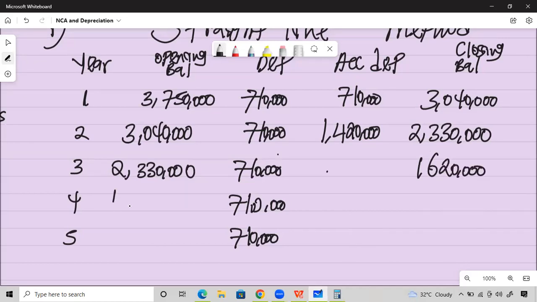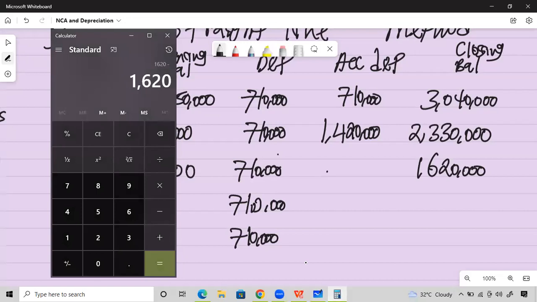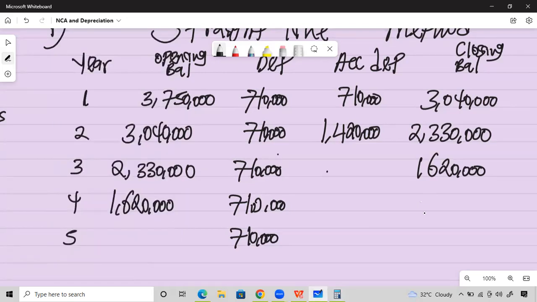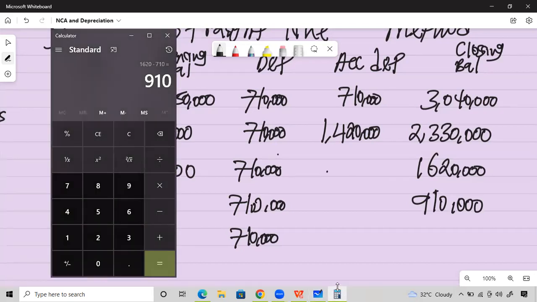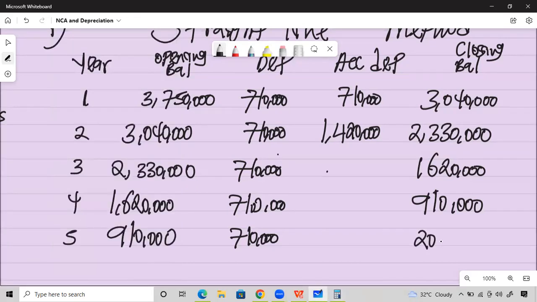I'll bring this down back too. I also say this minus 710. This will be 910. This minus 710, I must have that 200 back, which is 200.